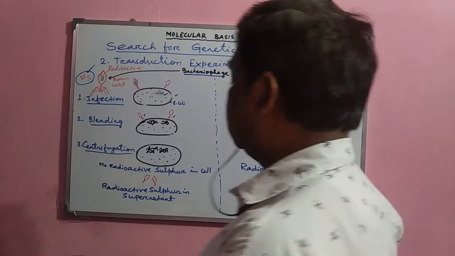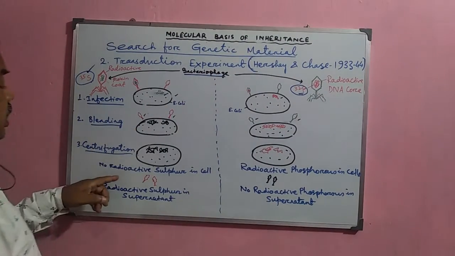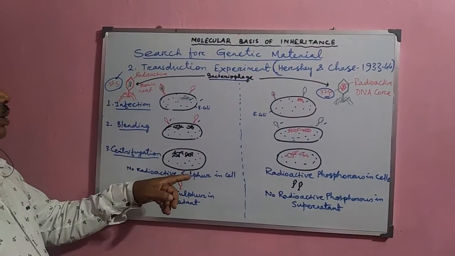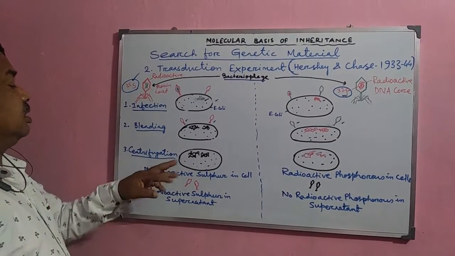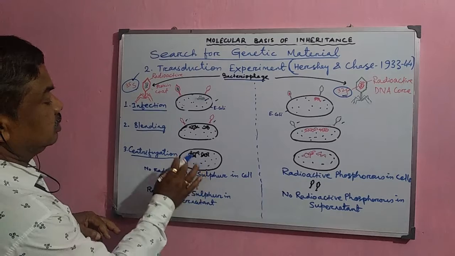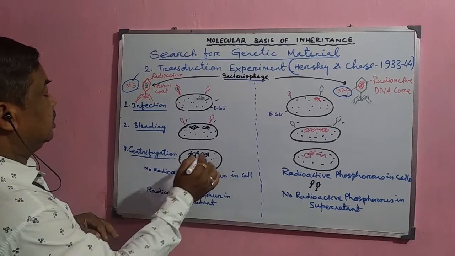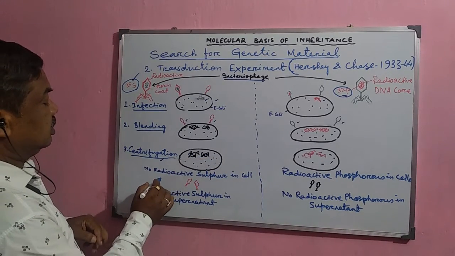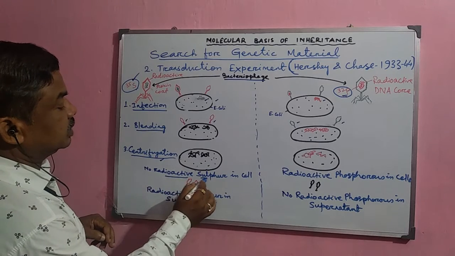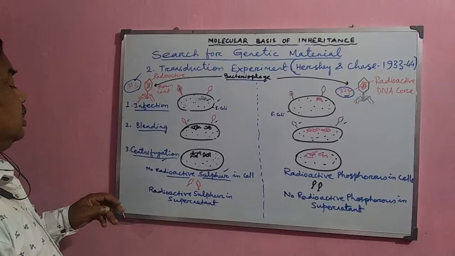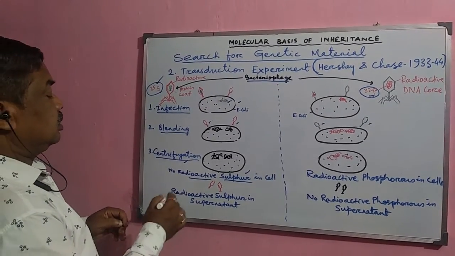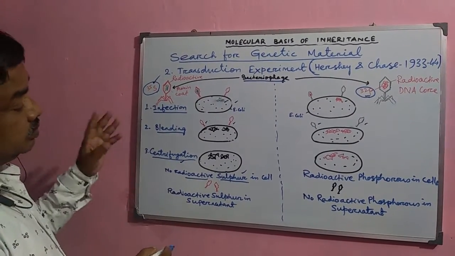So what happens here? No radioactive substance, that is S35, is in the cell. This is the culture medium, and this is the E. coli cell, and after centrifugation, the radioactive sulfur 35 was not there in the cell.